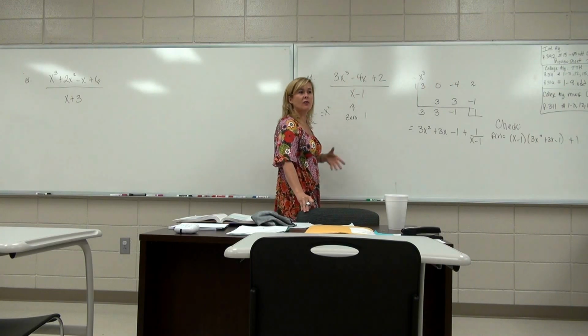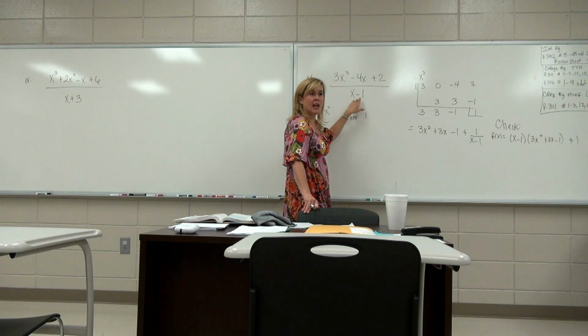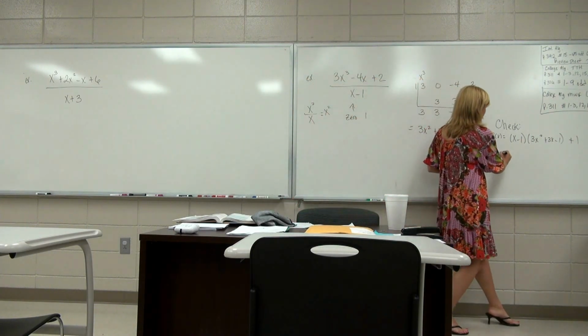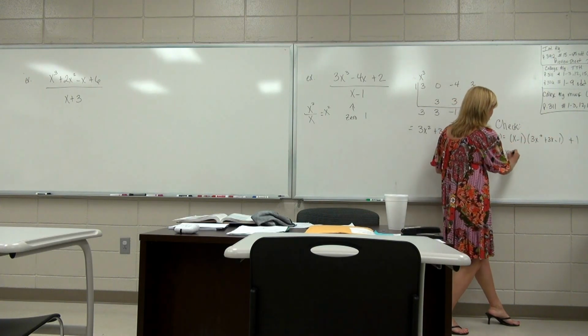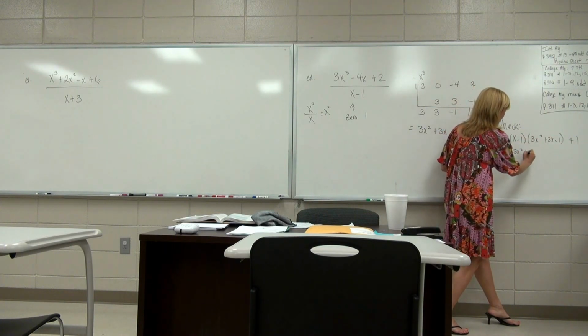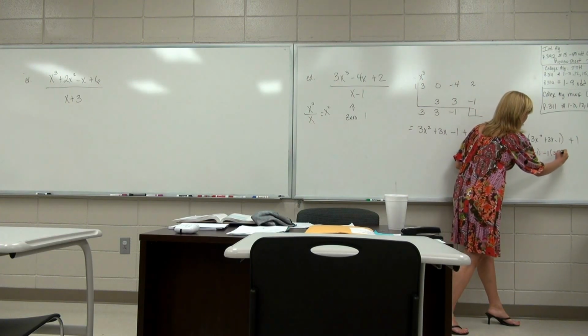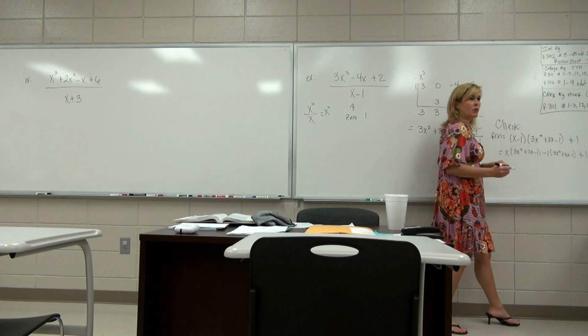It's the same way you check regular division problems: you multiply your answer times what you divided by and add your remainder, right? So let's look at this one real quick, since we didn't do one last time. You have to do that repeated distributive property, so I need to say x times 3x squared plus 3x minus 1, minus 1 times 3x squared plus 3x minus 1, plus that 1 for the remainder.